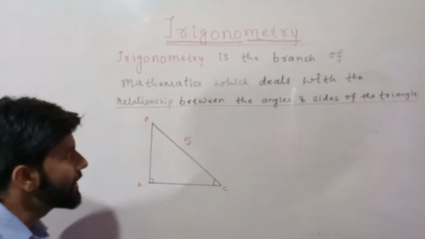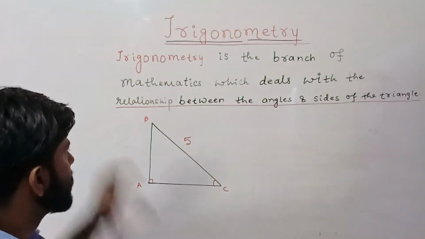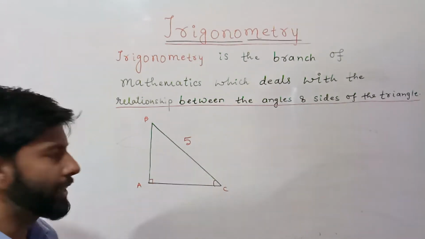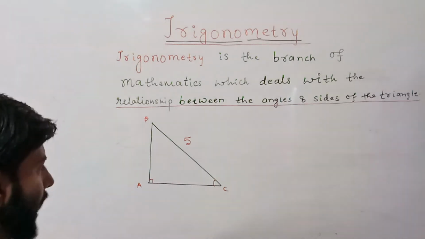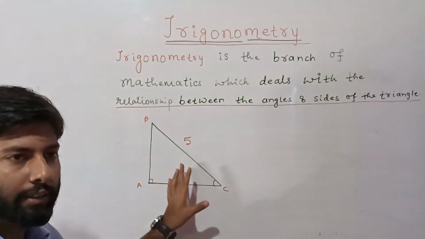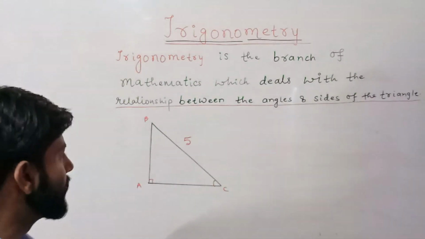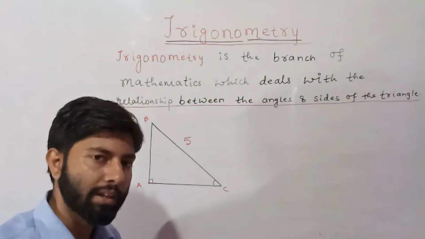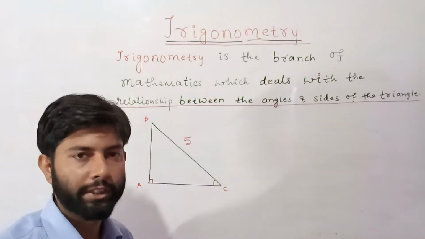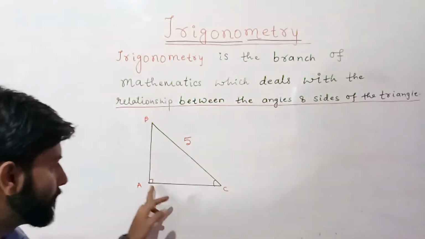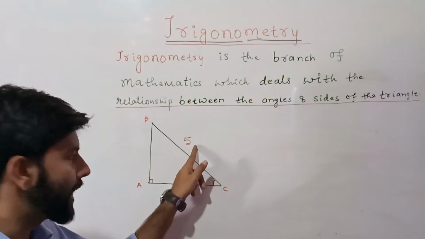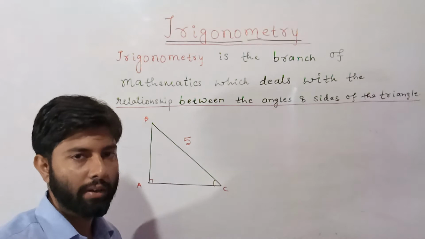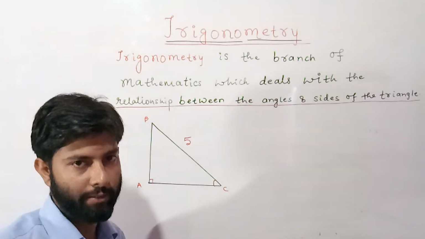So this definition tells us that the relationship between the angles and the sides can be achieved, and by using the relation that we will study further, we can find out the remaining side and the remaining angles of the triangle. That is the beauty of trigonometry. So what I am saying, if two angles are known and one side is known, the remaining sides and angle can be known by using trigonometry.